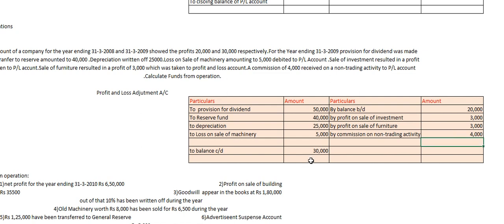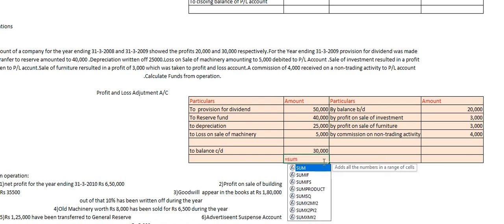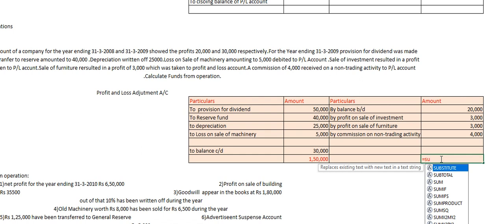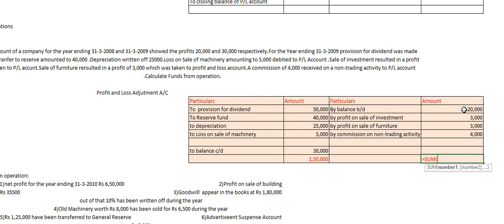So all the items have been taken respectively. So now let's total it up. The debit side sum total is 50,000 plus 40 plus 25 plus 5 plus 30,000, so your credit side just has 30,000.